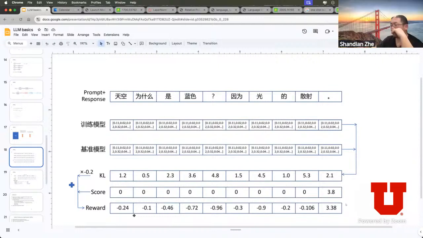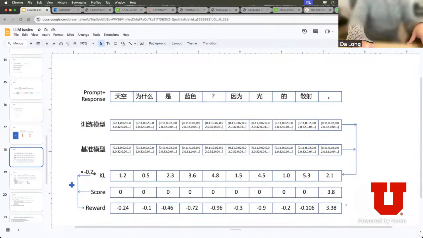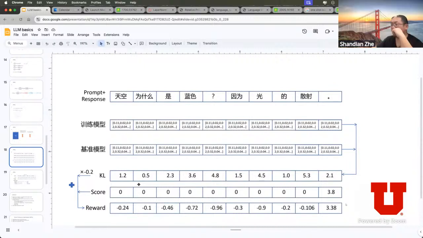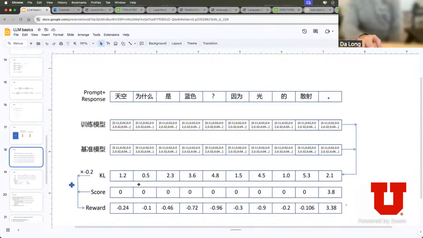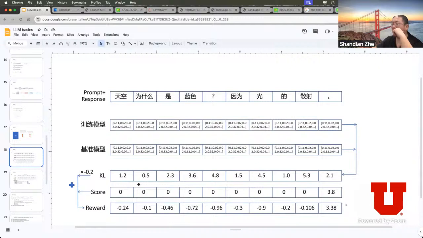Yeah, okay, so you multiply with a negative coefficient. Yeah, basically negative. So basically you want the KL divergence to be as small as possible because you want to maximize the reward. So you want the model you fine-tune to generate sequences as close to the baseline model as possible.